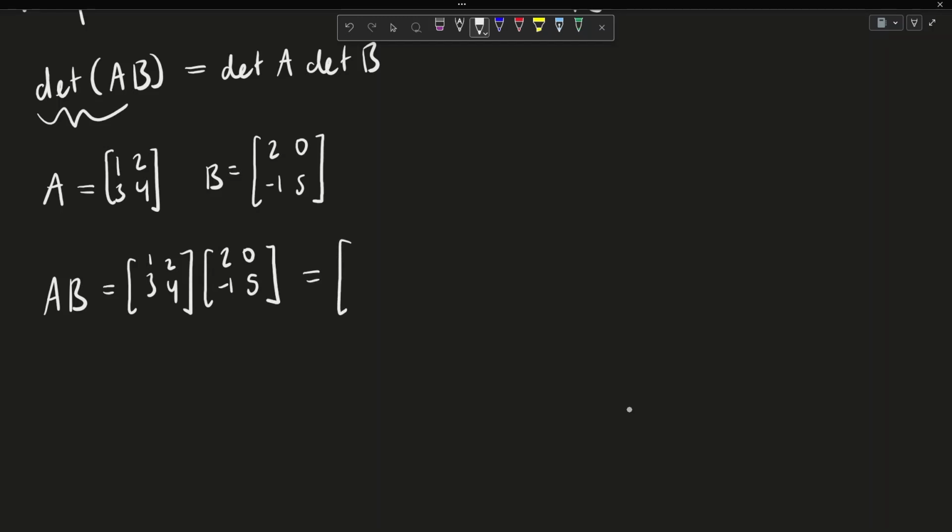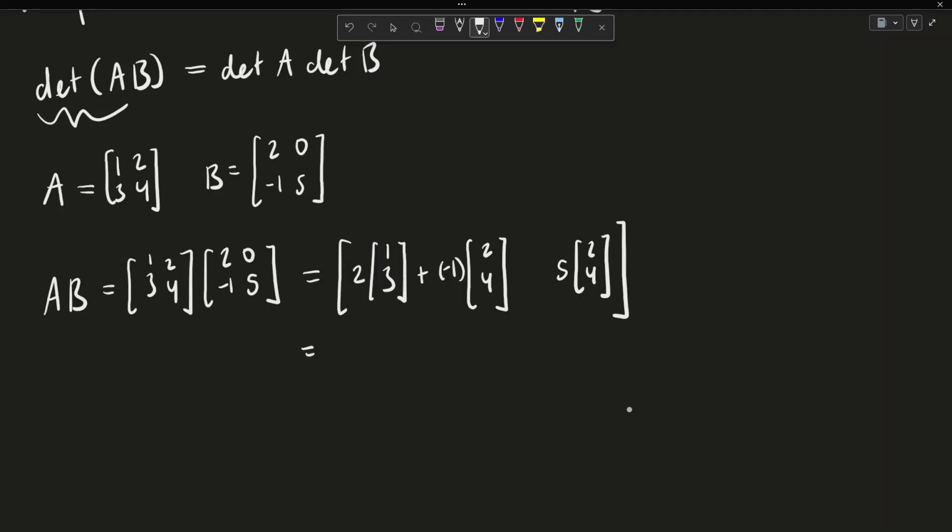And again, if you need a refresher on matrix multiplication, you can find a link to that video in the description as well, or somewhere in the associated playlist. We find that the first column of this matrix is equal to 2 times the first column plus -1 times the second column. And the second column is equal to 0 times the first column, which will be 0, plus 5 times the column 2, 4.